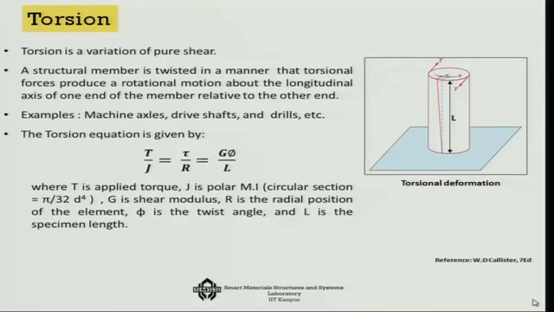Now, there is also another manifestation of shear stress, we call it pure shear. This happens of course in terms of torsion, which is a variation of a pure shear.